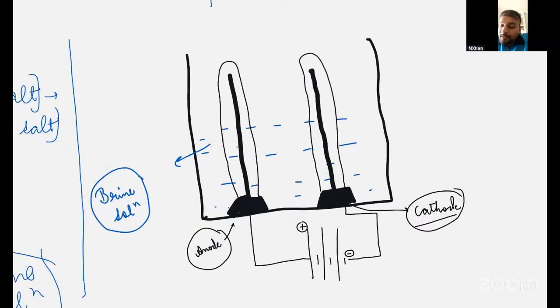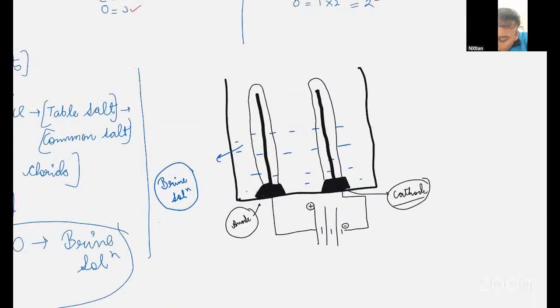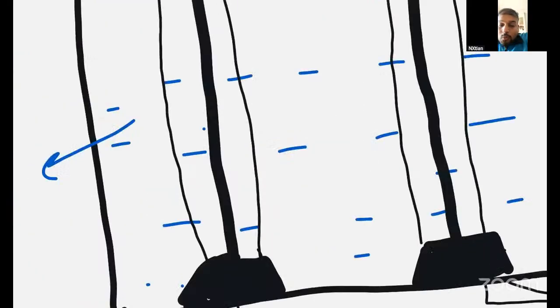Now what will happen? Everyone please pay attention. When I turn on the switch, in this water, in which NaCl and water were there, there will be some movement. What will happen when I pass electric current into it?